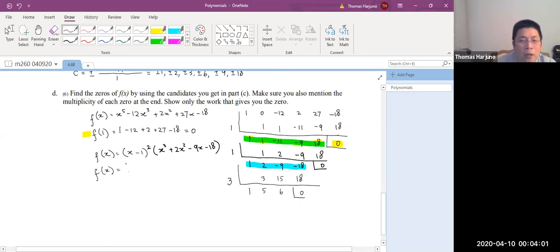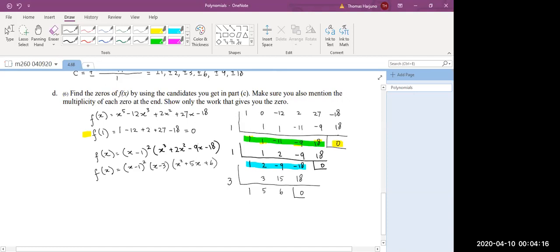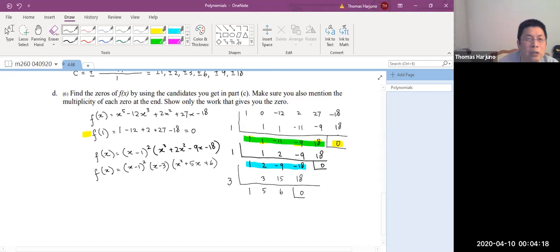In fact, of the 5 zeros that I'm supposed to look for, I already found 3 of them. So the remaining polynomial that is not factored yet must be degree 2. We already get 3 zeros, right?